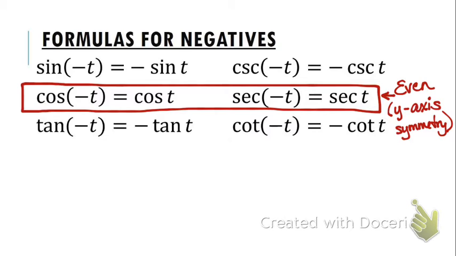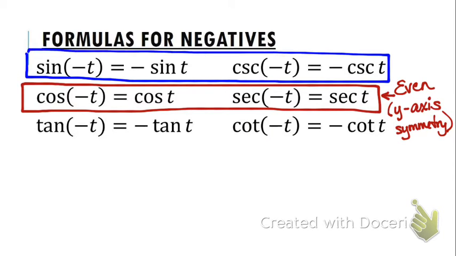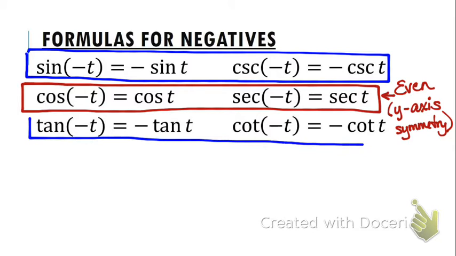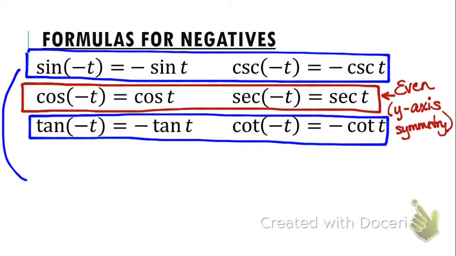Sine and tangent are odd. That does not mean x-axis symmetry, but it does mean what? It's the other kind of symmetry we have: origin. Odd goes with origin, O's.